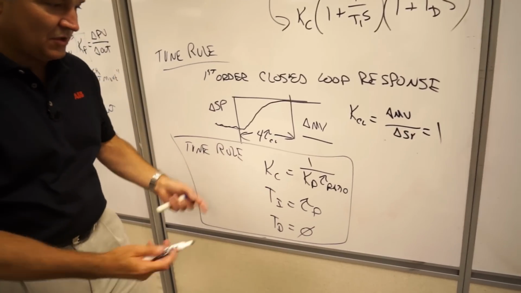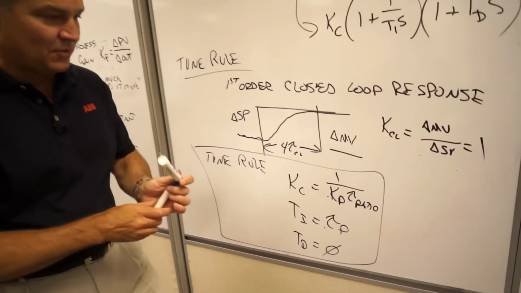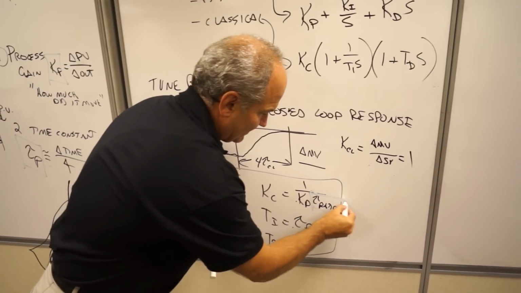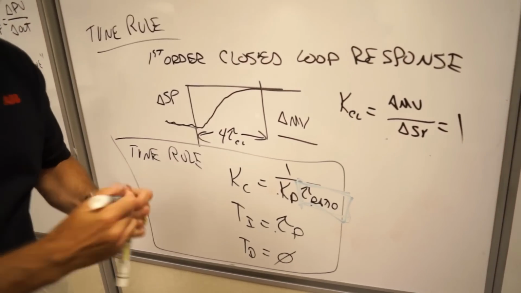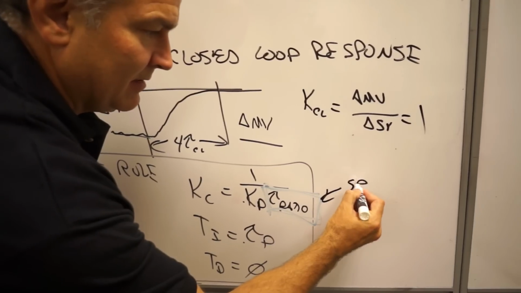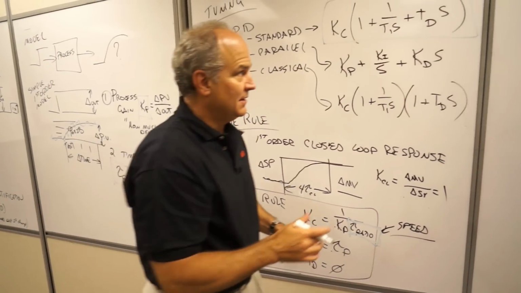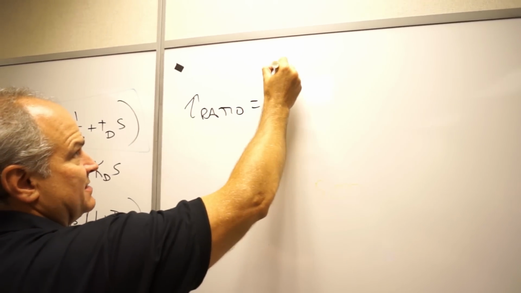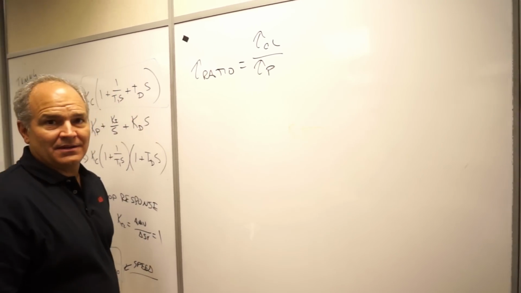Notice that the tuning is a function of your model parameters, and this thing we're calling tau is called tau ratio. Tau ratio defines speed. Tau ratio is defined as the closed loop time constant divided by the open loop time constant.